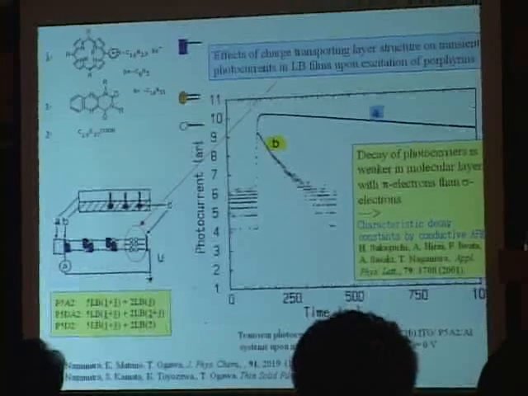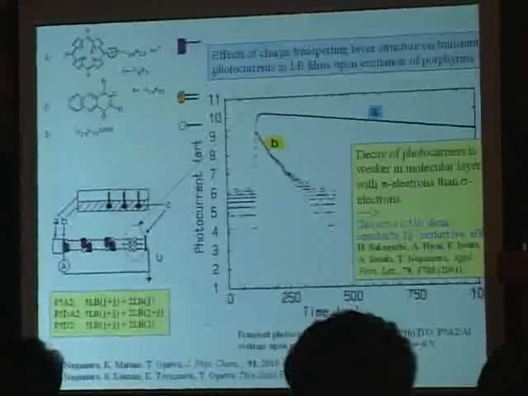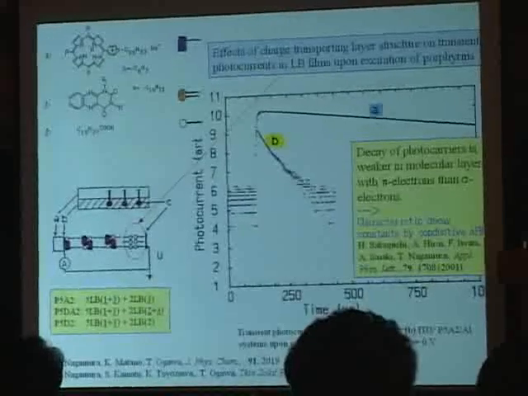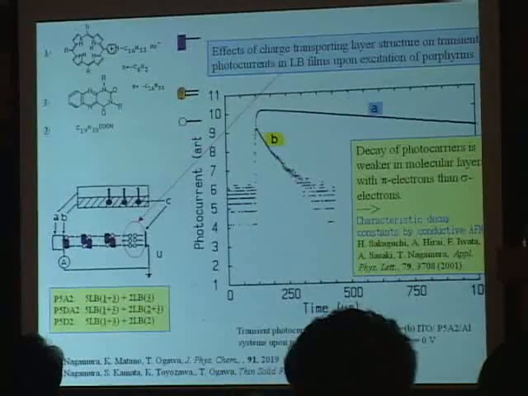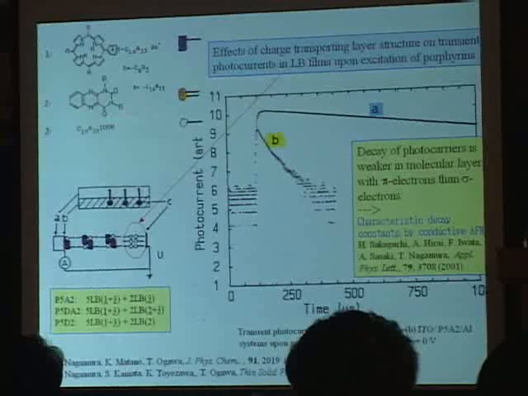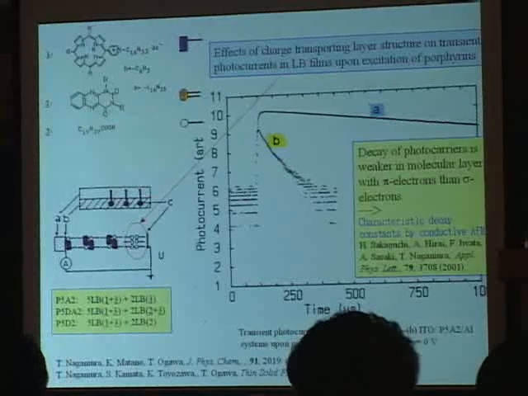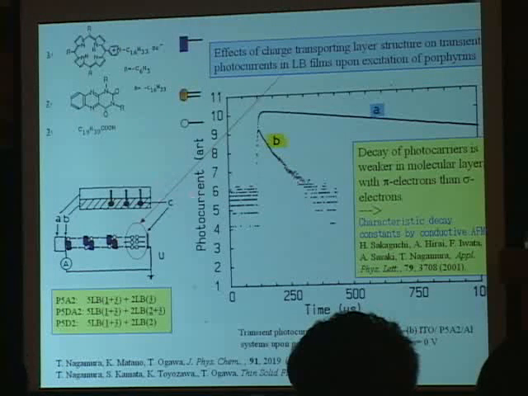At that time, German and British people, as well as our group, studied the transient response of these well-ordered, very thin organic layers, and we demonstrated that the pi electron system is much more efficient in carrying the photogenerated carriers, which are generated by these porphyrin derivatives.